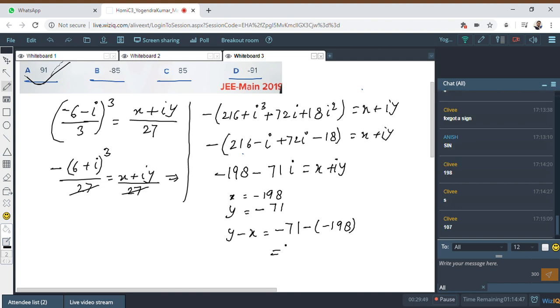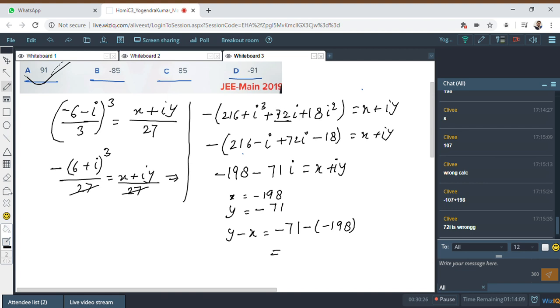107. What is the mistake? Wrong calculation. Wait. 72i is wrong. 3b square. Oh, sorry, I did it double.